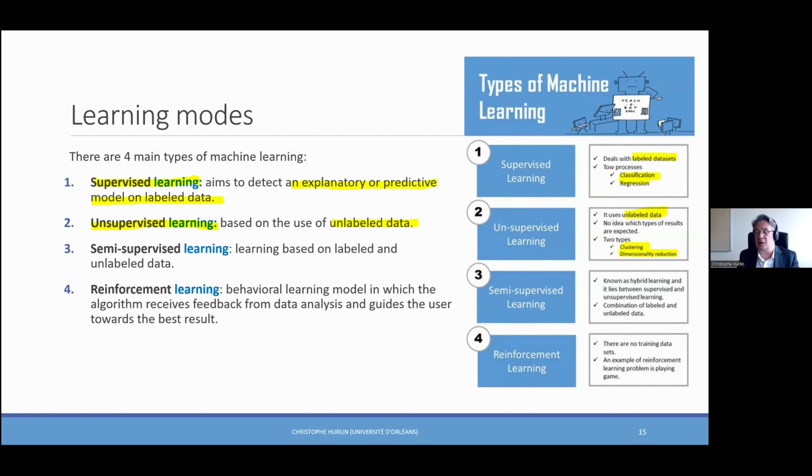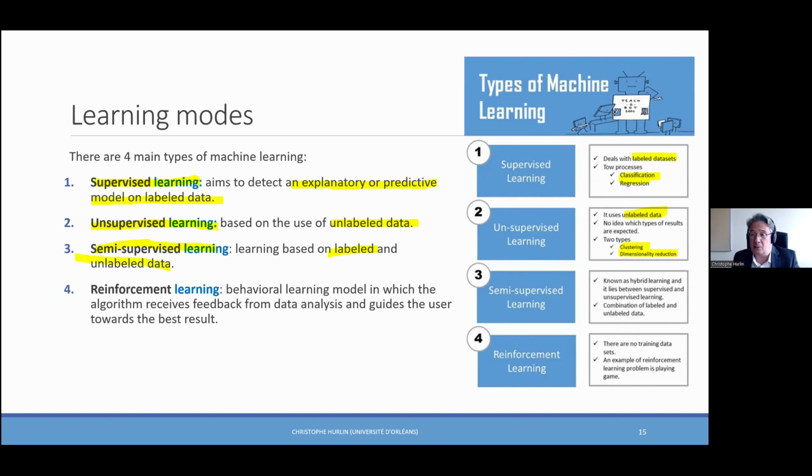And dimensionality reduction is the same idea because, if I have a group of variables, I try to identify a main factor that represents most of the variance of the other variables. We'll discuss this point later. Semi-supervised learning is the learning type which is based on both labeled and unlabeled data. I will discuss this point later.